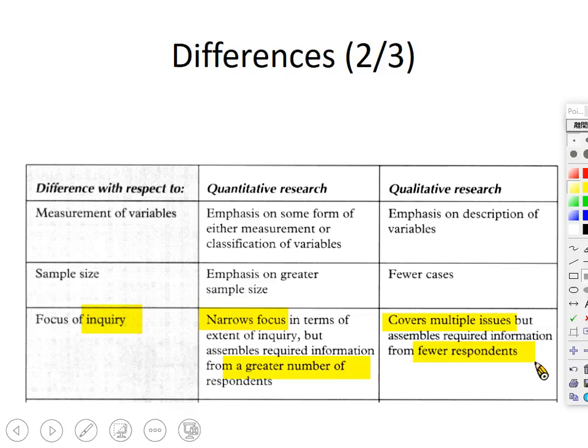So as a researcher, if you are reading a qualitative research paper, you have to look at whether the description of the sample is full of quality or not, right?